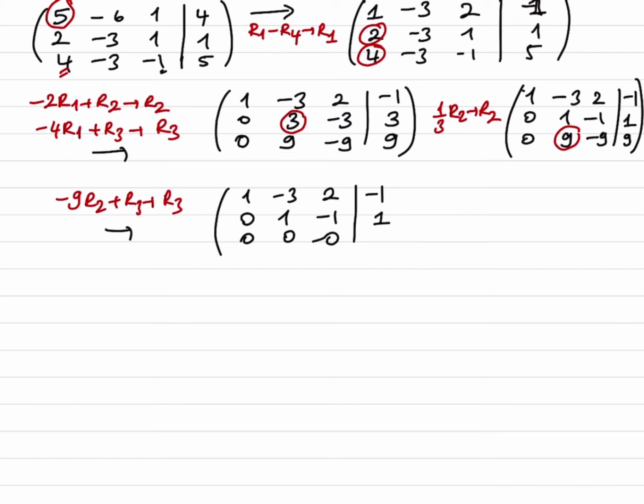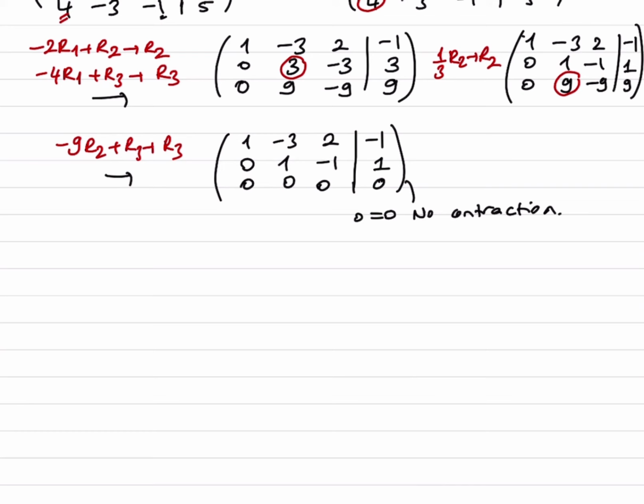And this one is also 0, right? So minus 9 plus 9, it is 0. Okay, this last row is all 0, but 0 is equal to 0, so no contradiction here. We don't have any contradiction.